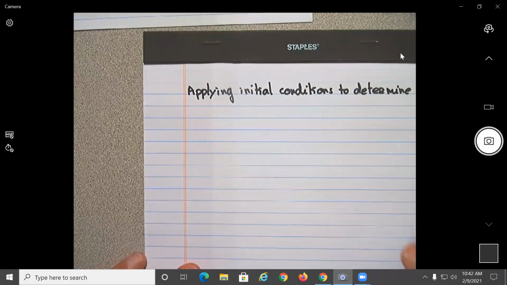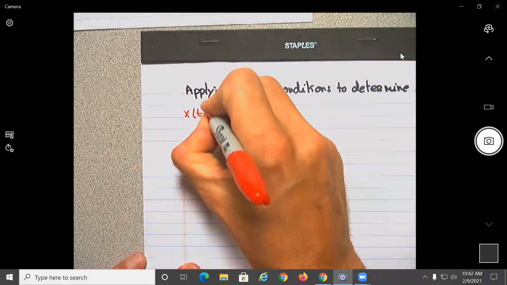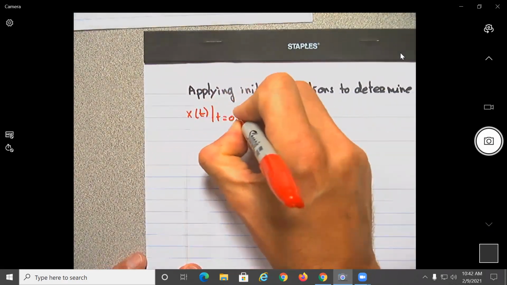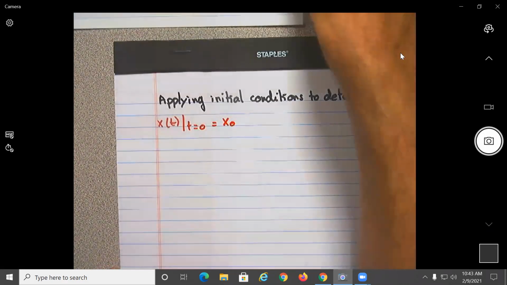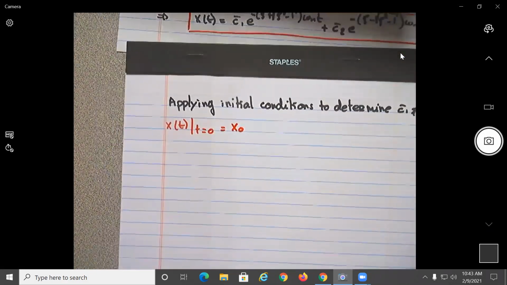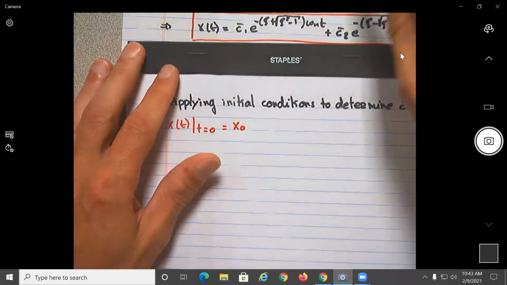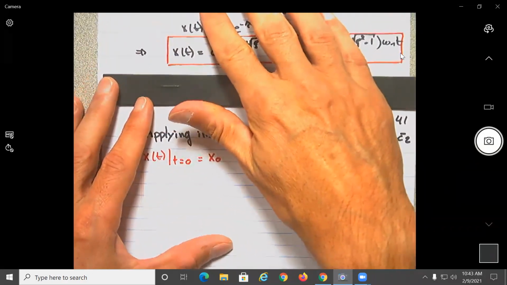Okay, so what is the first initial condition? X of t at t equals 0 is equal to x naught. So maybe I'll do this one, since it's easier, and we could go and use Maple, it would be just faster there too. All right, so I have the function over here.